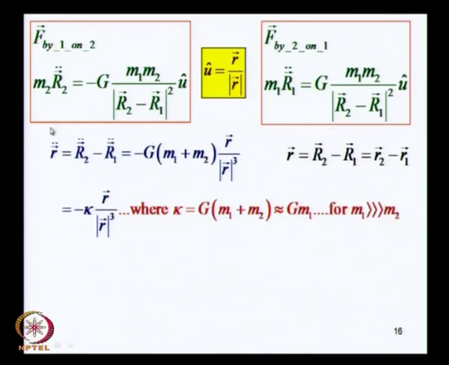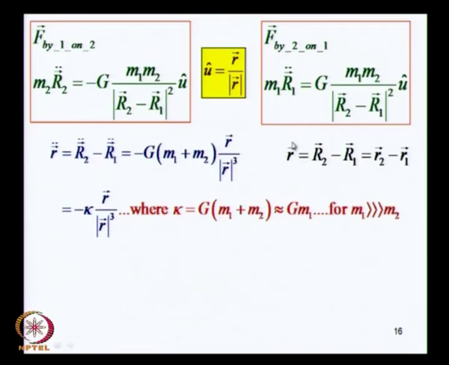And from this you can get an expression for the acceleration. So, you can develop an equation of motion for the planet in the field of the center of mass by determining what its acceleration is.